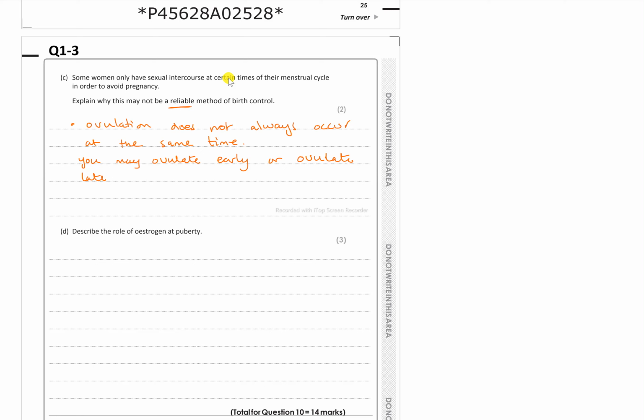So that's the first thing from the female side, and from the male side, the sperm may survive in the body for longer than a person thinks, and some of them say up to 5 days. So that's potentially a point of fertilization taking place.